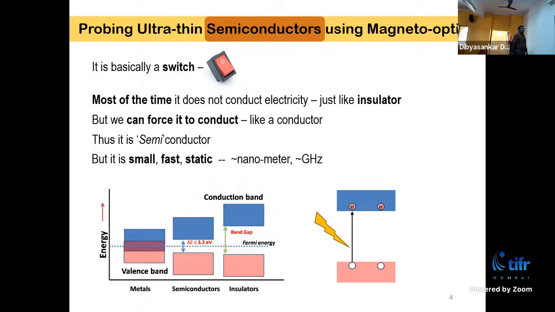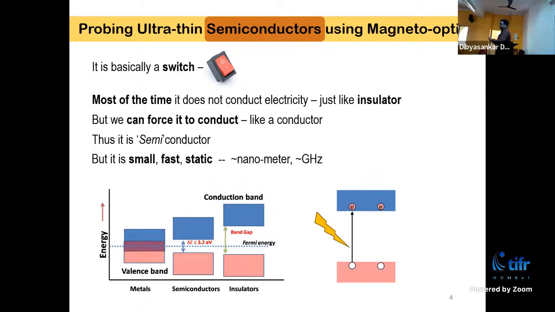But similarly, once the electron is there, you see some electron deficiency in this pink band also. So the electron was there, but now that electron got excited, so it has left a space where it was. So we call this thing a hole. Hole is understandable.